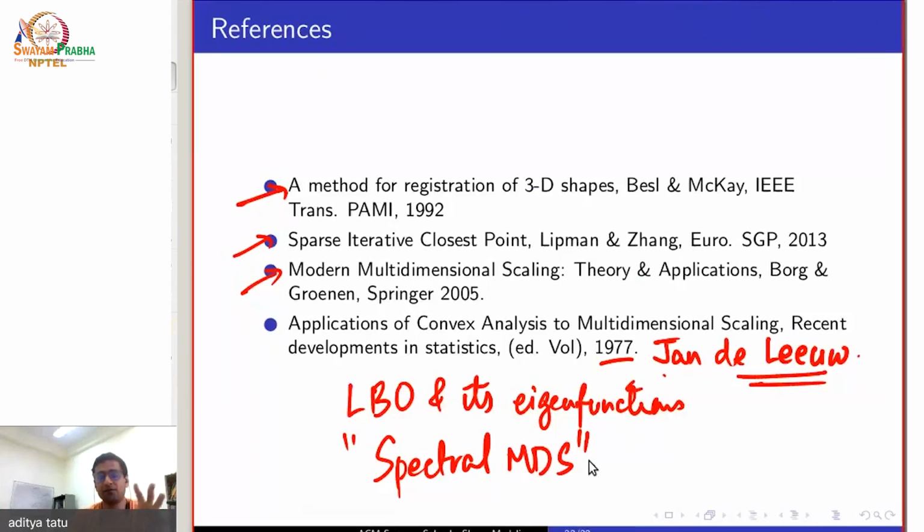Apart from these methods, there are methods that do not try to find correspondences. They directly try to match the shapes using distributions of features that capture local shape properties. But for that, there should have been another session.